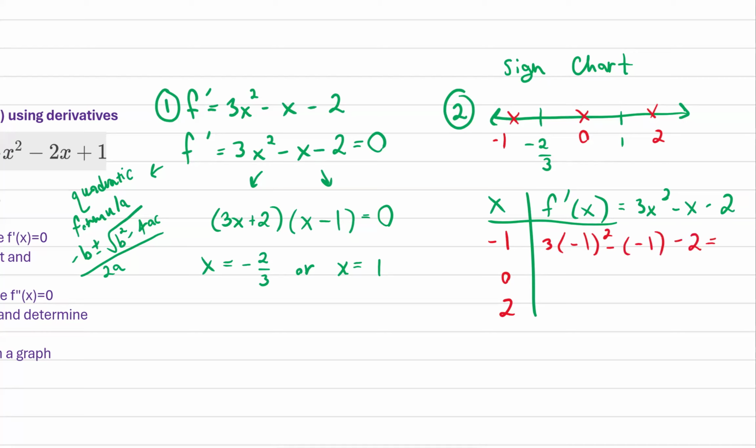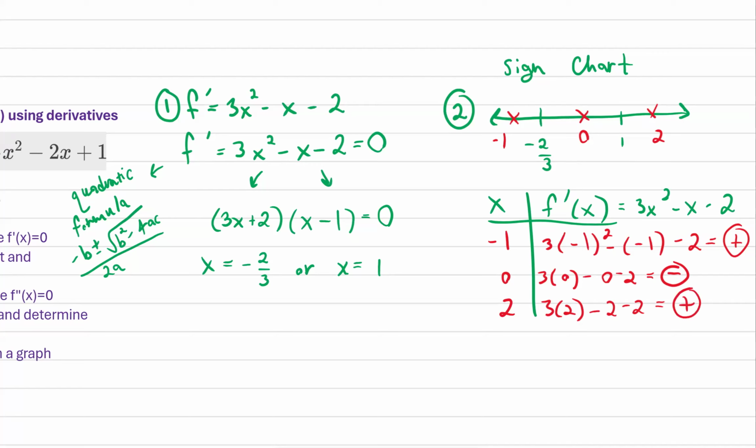That gives me 3 times positive 1, 3. Minus negative 1 is 3 plus 1. So that's 4 minus 2. It's going to be a positive 2. So again, I just care about the fact that it's a positive number. So I'm going to write a positive there. And then for the other ones, when you plug in 0, that becomes a negative 2. And then when you plug in a positive 2, I believe that becomes positive. Yeah, this will be a positive value.